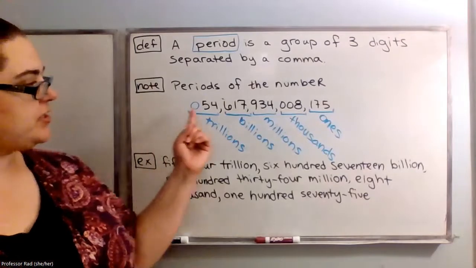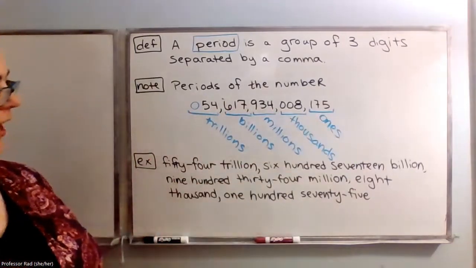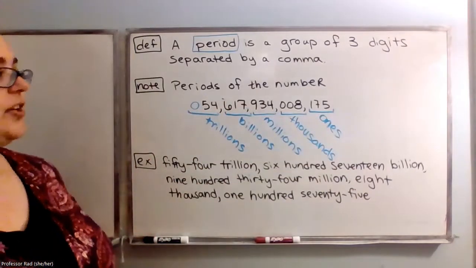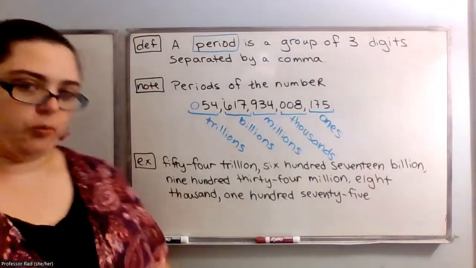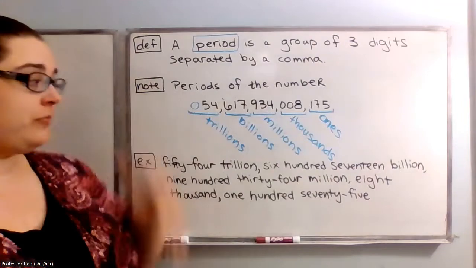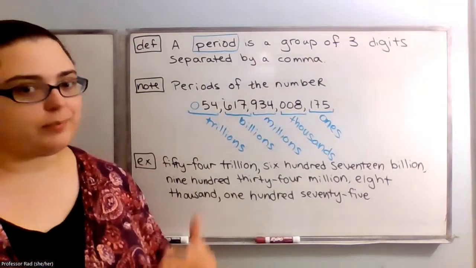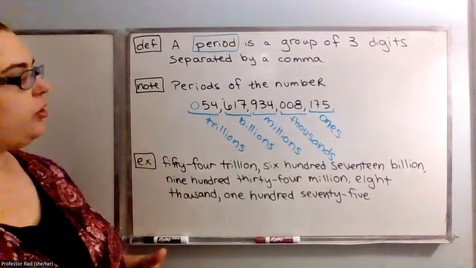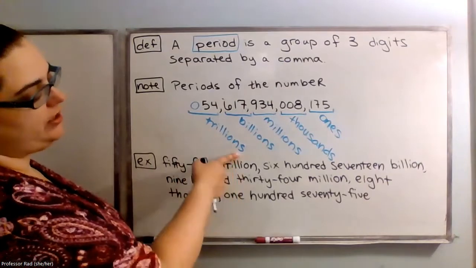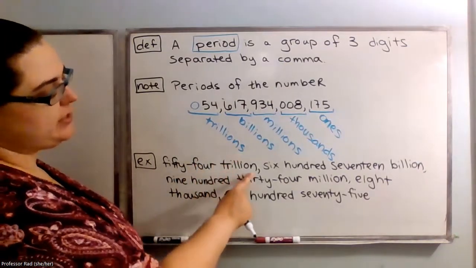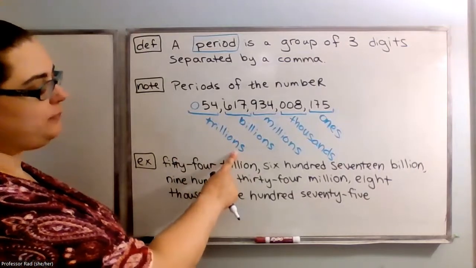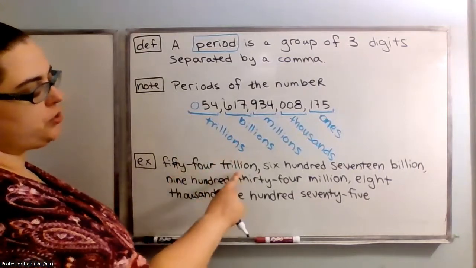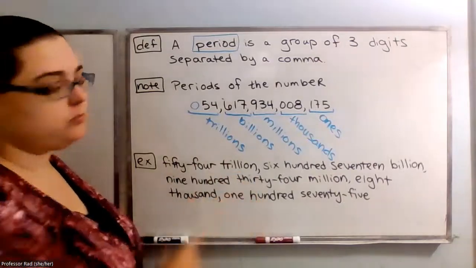So if I came across this number in the wild, I would say it as 54,617,934,008,175. Two comments I want to make about how I've written this number. Notice that although the period is given in a plural, in the name it's given singular. The name of this period is the trillions period, but when I write 54 trillion, I don't write trillions.